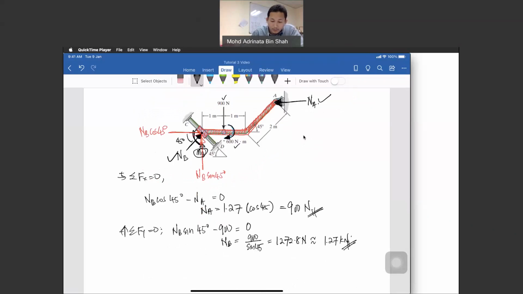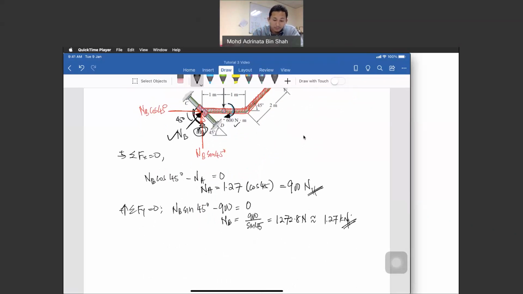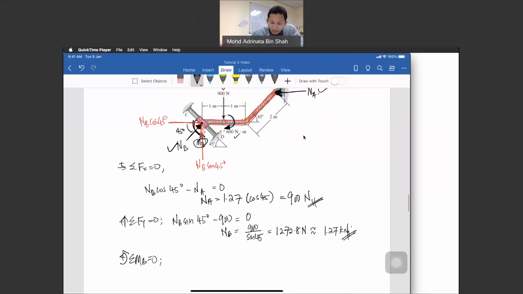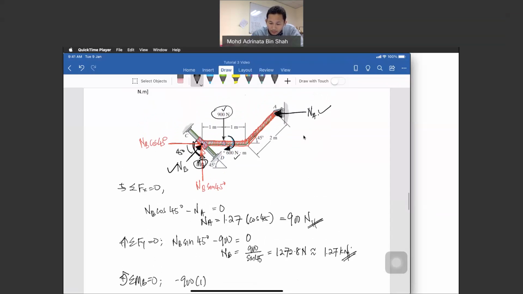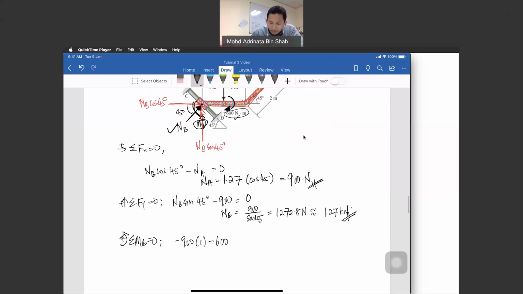This one, moment at B equals 0. So we have minus 900 times 1. Okay, this one. And then we have 600, clockwise.